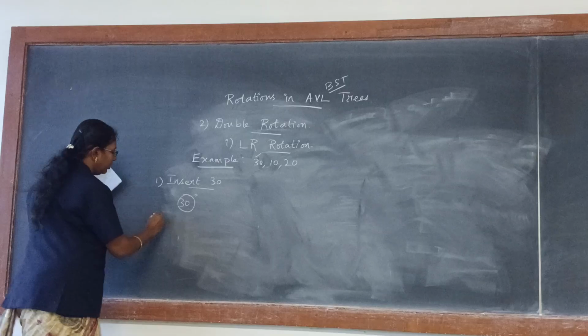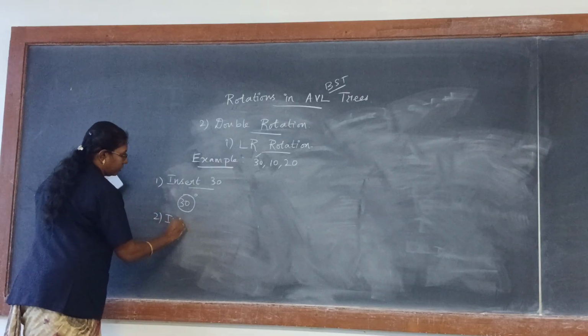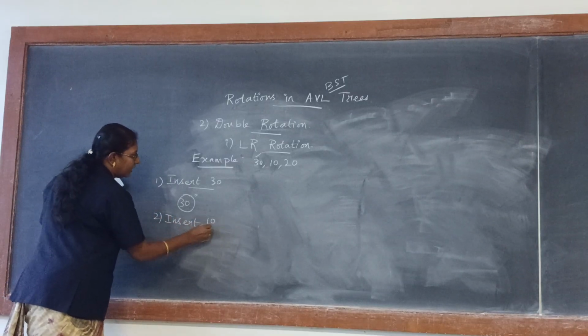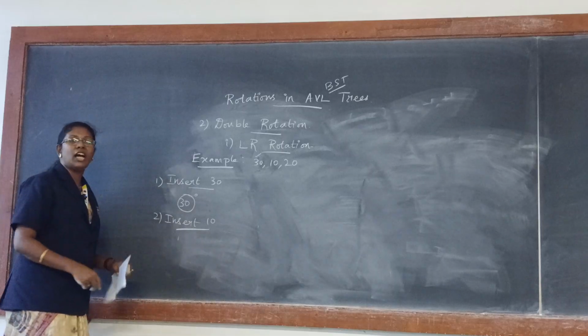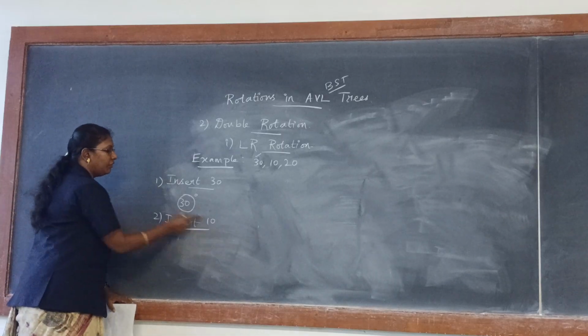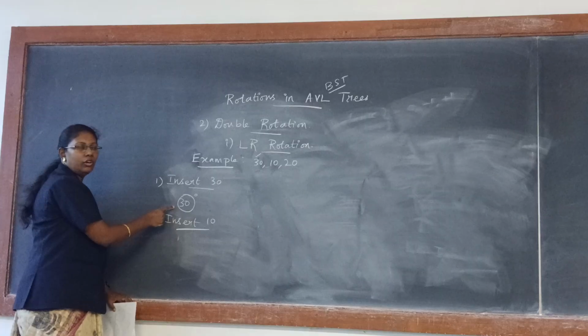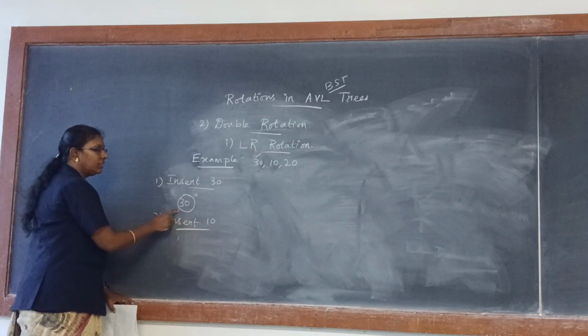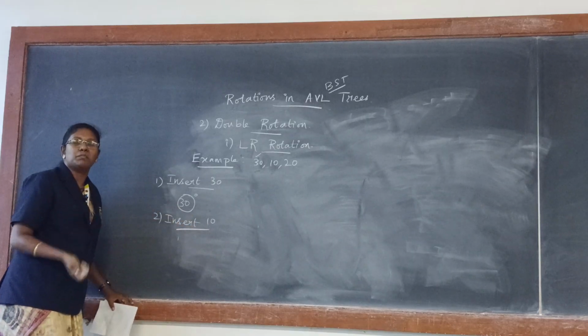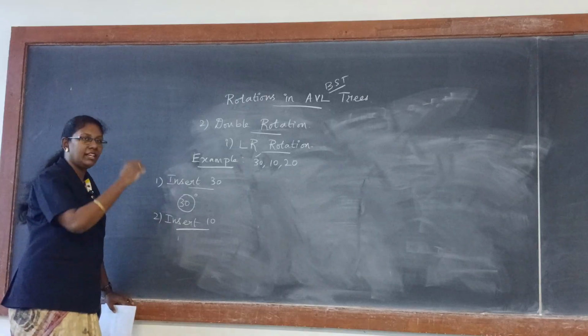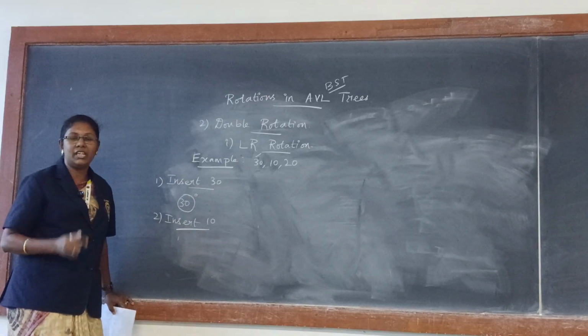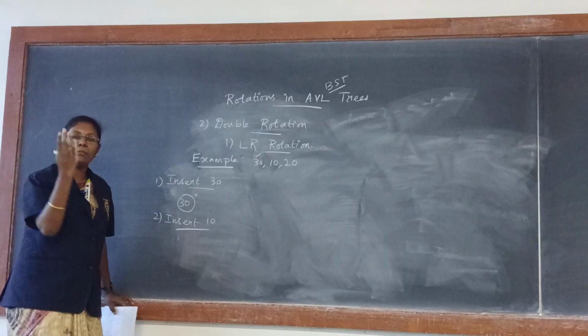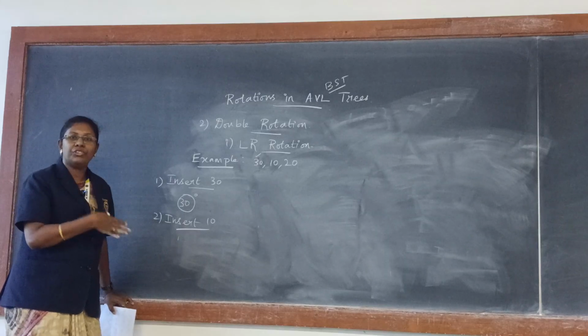Okay, and now we have inserted 30. And what about 10? I'm going to insert 10. So while inserting 10, I need to compare the value of 10 with the already inserted node. While comparing 10 with 30, 10 is the smallest one. Smallest one in the sense, according to the rule of binary search tree, the smallest value must come towards the left side of the parent node.